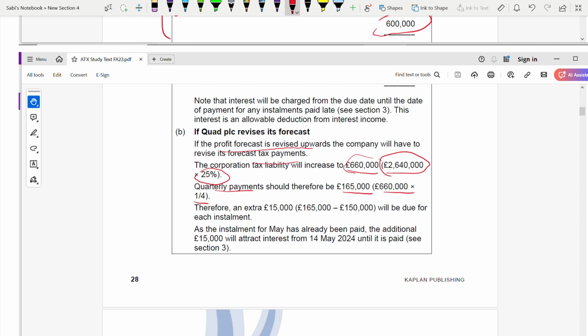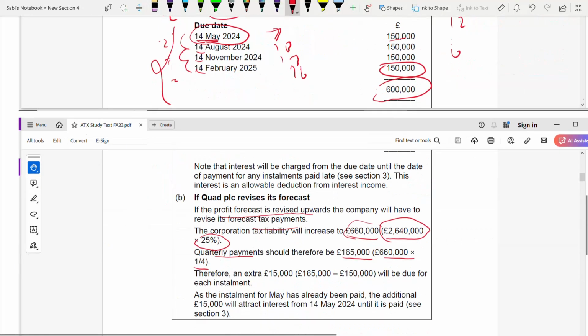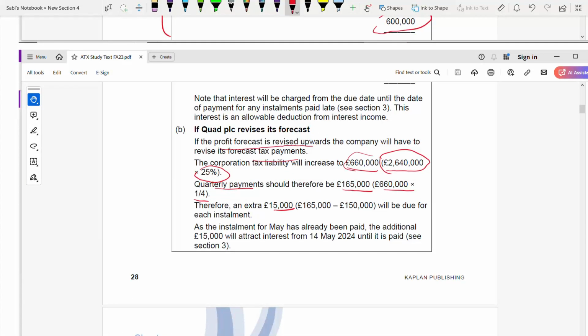So how much you have to pay? Currently, how much are you paying in installments? 150, no? See here, you have to go upwards. You are paying 150 each. Now you have to pay 165. So the extra 15 you have to pay for each installment.